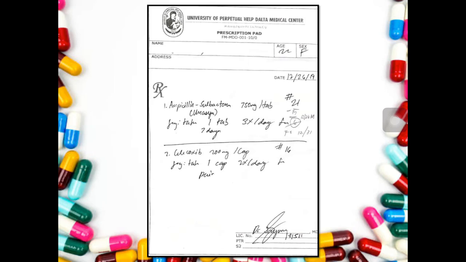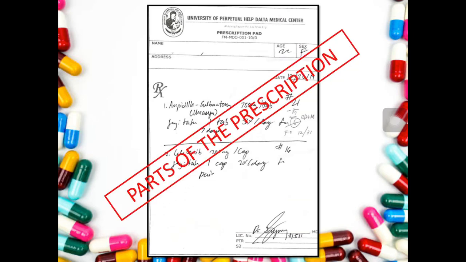Now for the next one, okay, now we go to the different parts of the prescription. Why is it important for us to know the different parts of the prescription? Because it would be easier for us to intercept the error if we are able to acknowledge the different parts of the prescription.